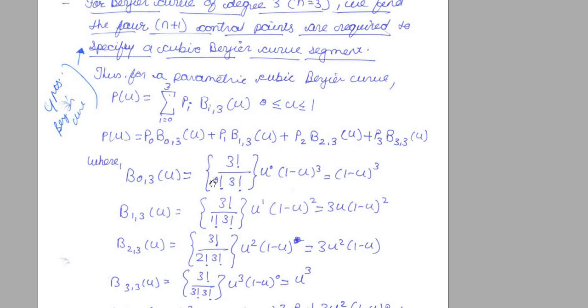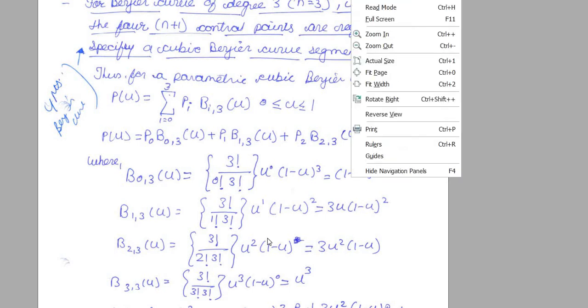It is 3. What is your i? It is 0. So we have u to the power i, and the value of i is 0. Now we have (1 minus u) to the power n minus i. So B_{0,3} of u is represented by (1 minus u)^3.